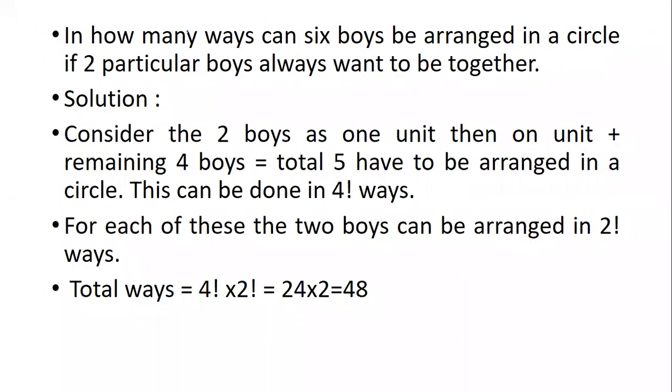Okay. Now let us try this out. In how many ways can 6 boys be arranged in a circle if 2 particular boys always want to be together? Okay, so there are 6 boys in a circle. Let's say the 6 boys may be playing. So let us place them far away.